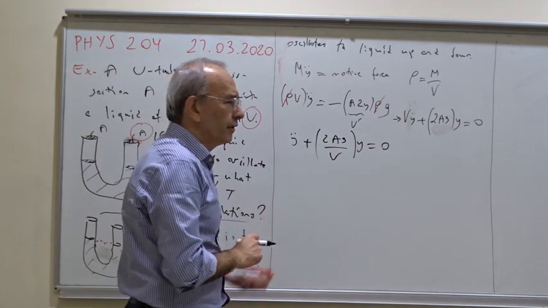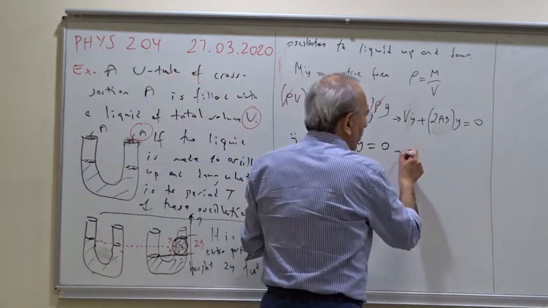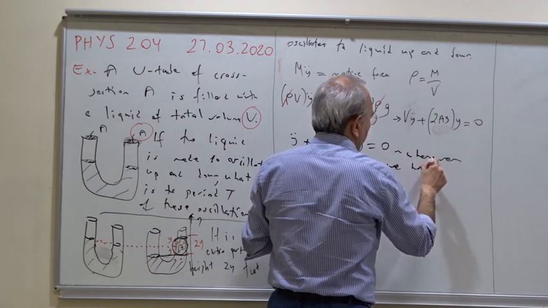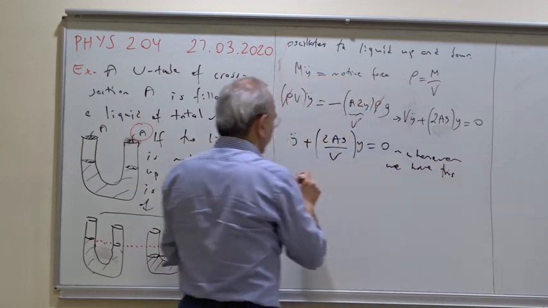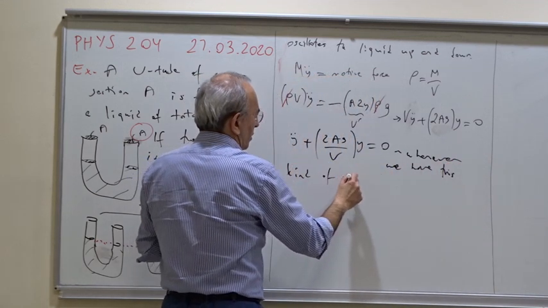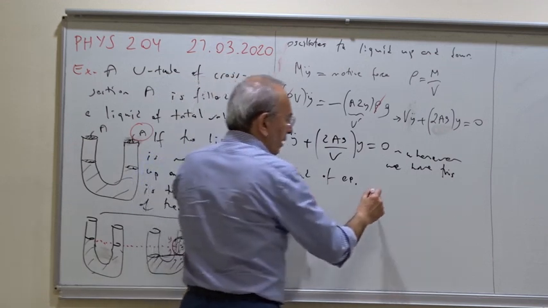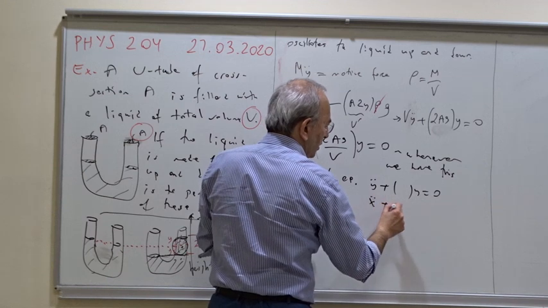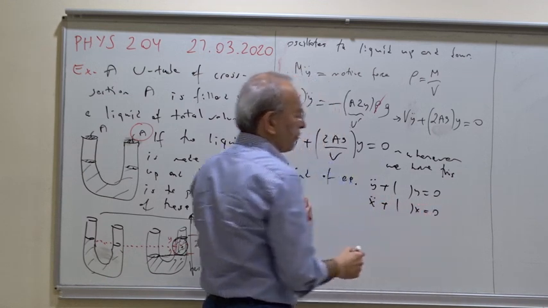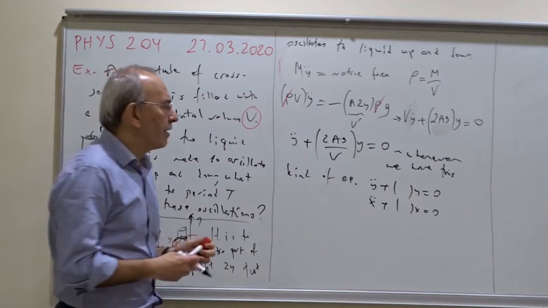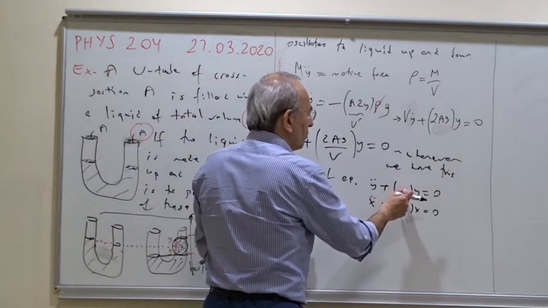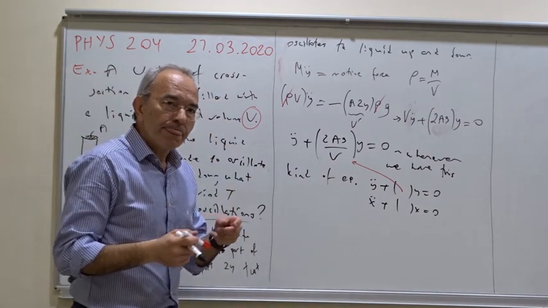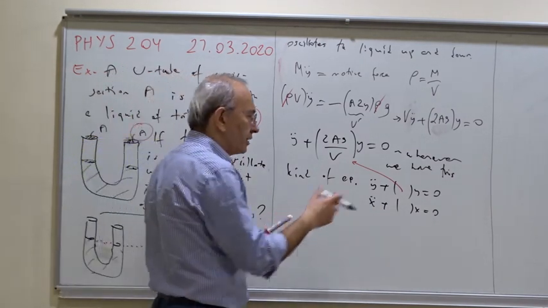Whenever we have this kind of equation, for example y double dot plus something times y is equal to 0, or x double dot plus something times x is equal to 0, we know that this term, in this case 2Ag over V, corresponds to the natural frequency squared, just like k over m.